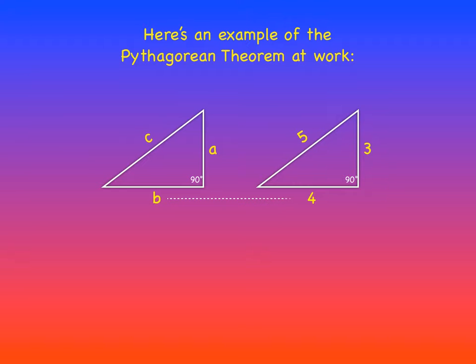Side B is 4. Side C is 5. A squared plus b squared equals c squared means 3 squared plus 4 squared equals 5 squared. Well, 3 squared we know is 9. 4 squared, 4 times 4, is 16. 5 squared is 25. And yes, it's true that 9 plus 16 is 25.